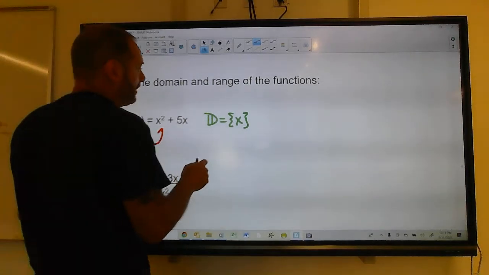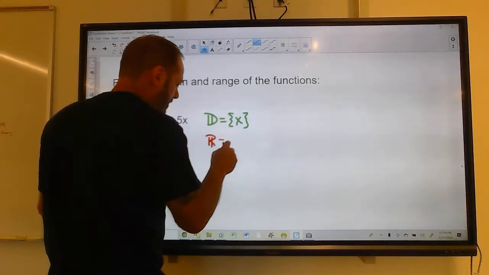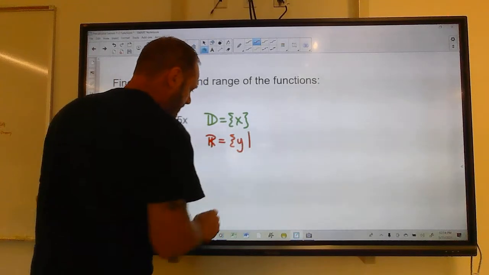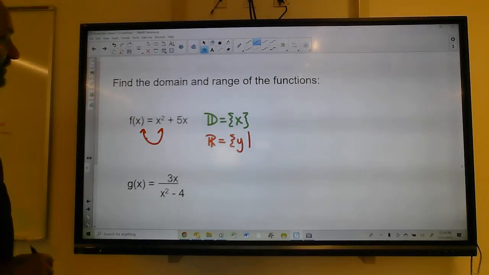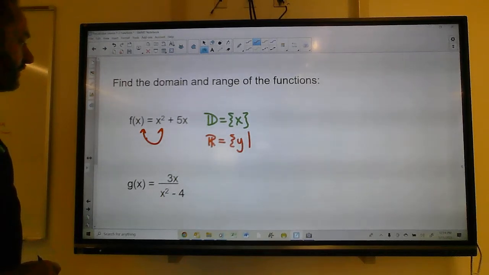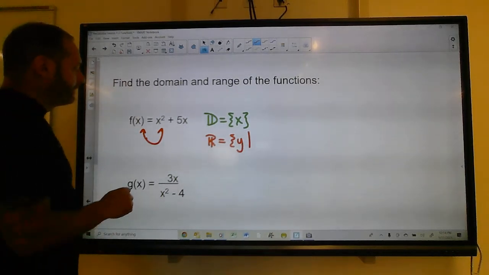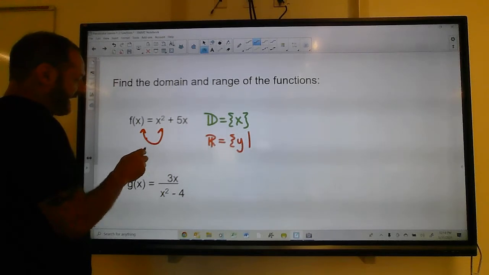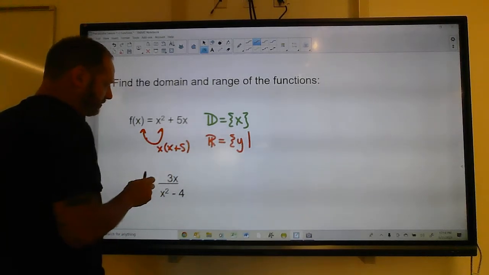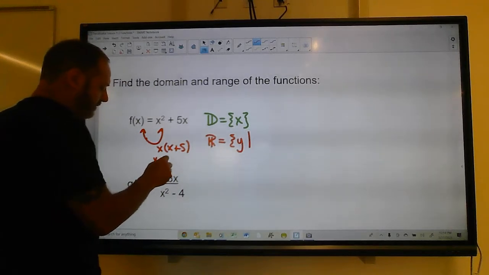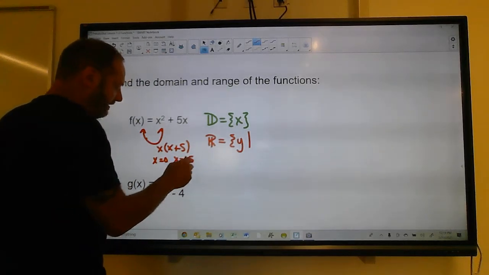The range is going to be all the y's, but there's going to be restrictions on the y's. I could graph this thing, or I could factor this. It'd be x and x plus 5, which means that the zeros would be at 0 and negative 5.